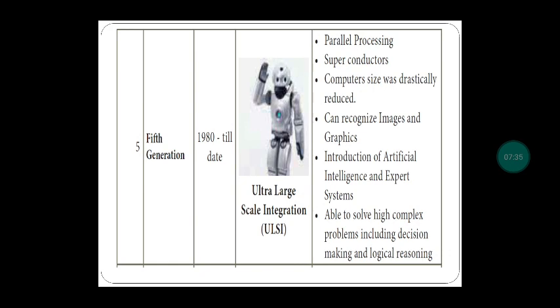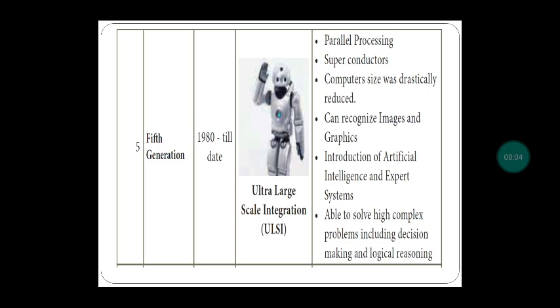Laptops, pen based computers, and notebook computers were introduced, and artificial intelligence, shortly AI, and robots were introduced. With robots, many activities can be performed. Whatever instructions we give to the robot, it will perform. High complex problems have also been solved in this fifth generation.